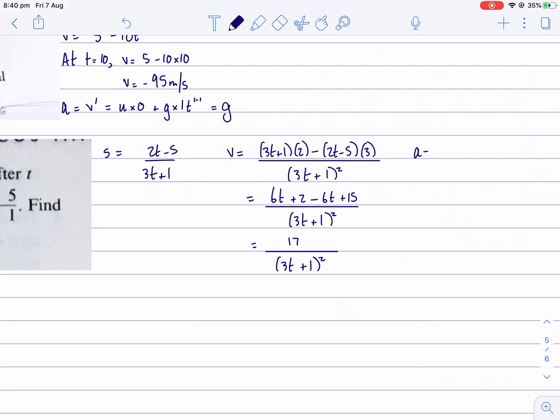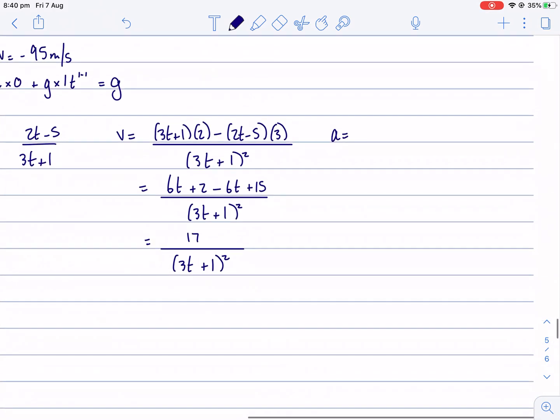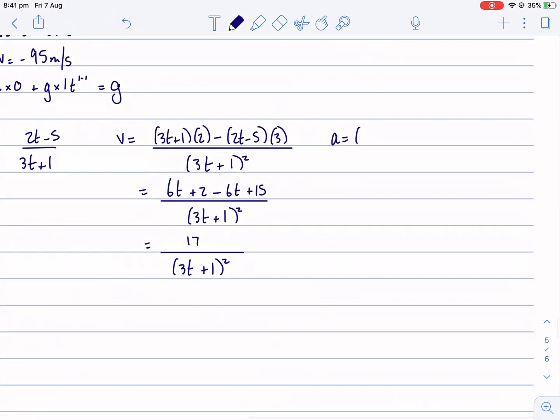Okay, if I want the acceleration, I now have to differentiate this again. So we've got (3t + 1) squared times 0 minus 17 times 2 lots of (3t + 1) to the 1 times 3, all over (3t + 1) to the 4.